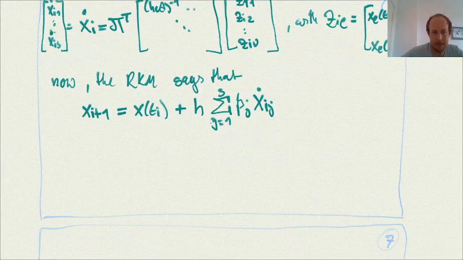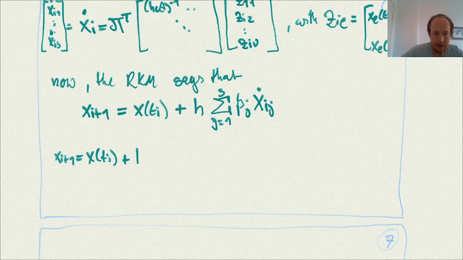Okay, and now we do another rewrite of this product here. So we will have x_{i+1} as x of t_i plus h. Let me just write this down and then we will see that this is okay.